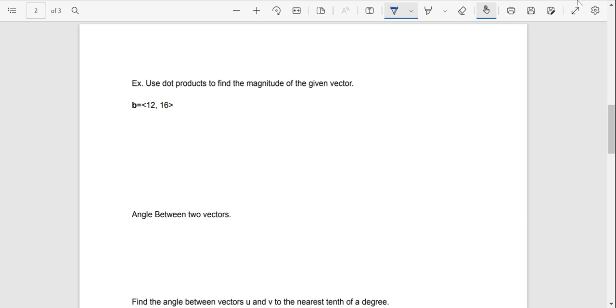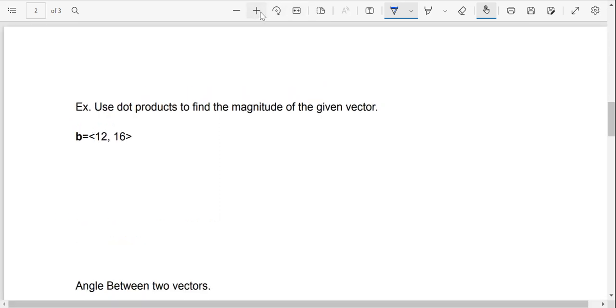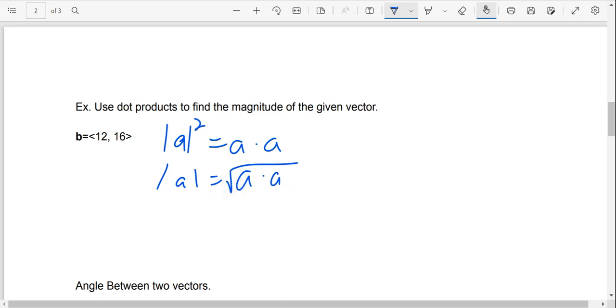All right, let's see an example where we're doing that last property. Use dot products to find the magnitude of the given vector. I gave you this formula, right? I'll stick with A's though, just for the sake of it. In order to find the magnitude, we're going to simply find the square root of the dot product, because if we square root both sides, we got it.